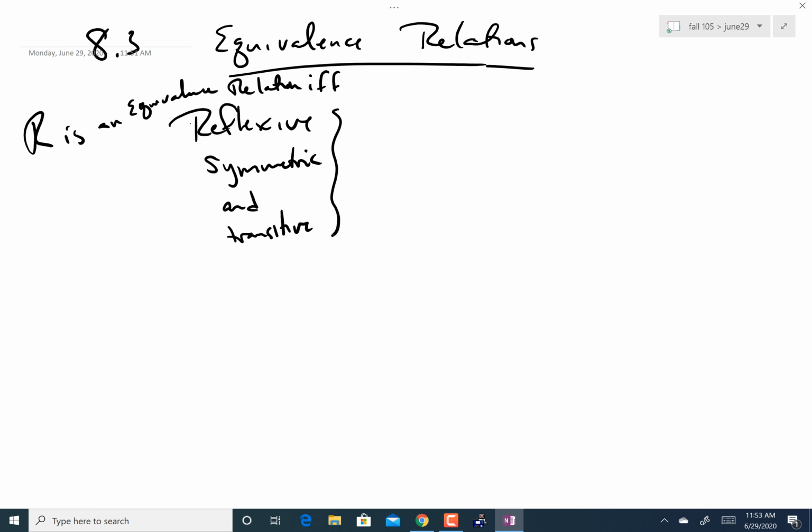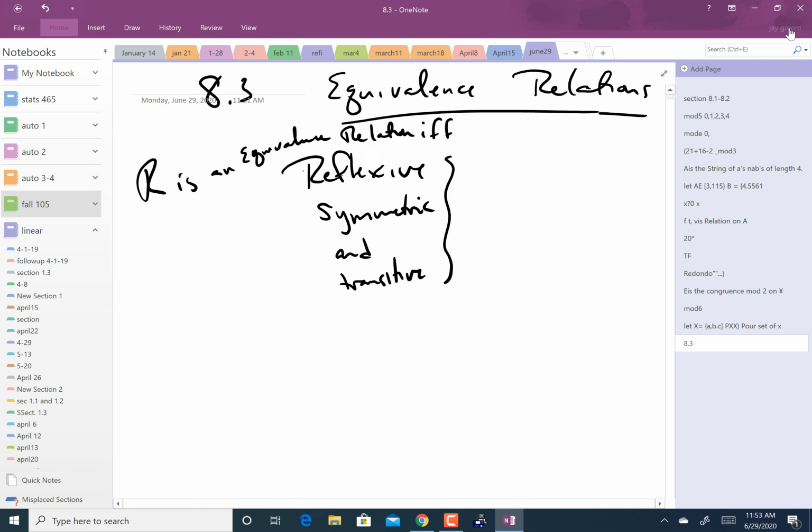In this situation, one more thing I wanted to mention before I get to another example is the idea of a partition. You could have a set, and then you can partition that set.